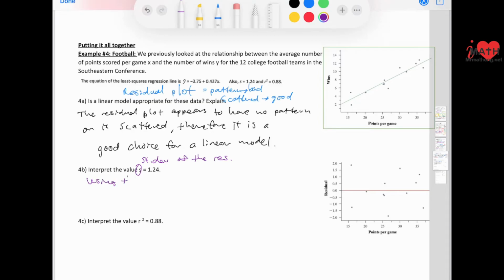Using the least squares regression line, where x is the points per game, to, here's a keyword, predict the number of wins, y, the number of wins.